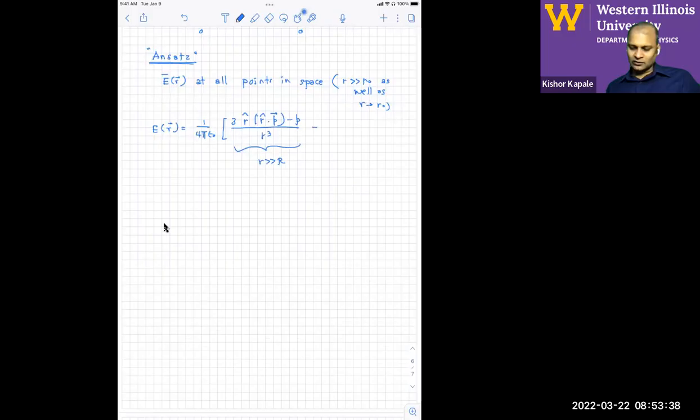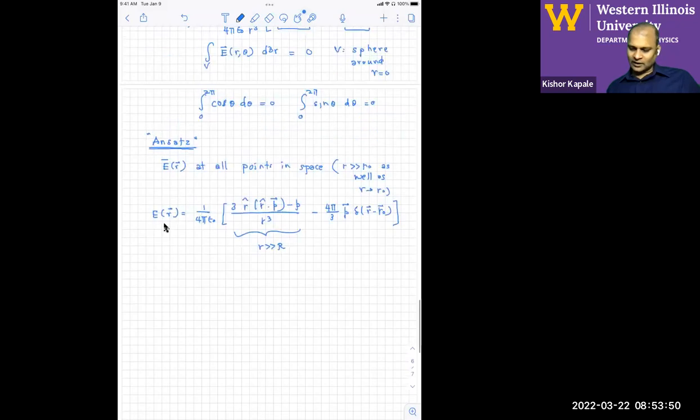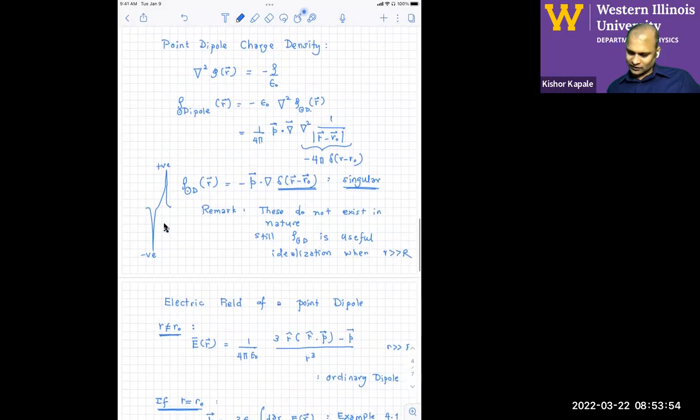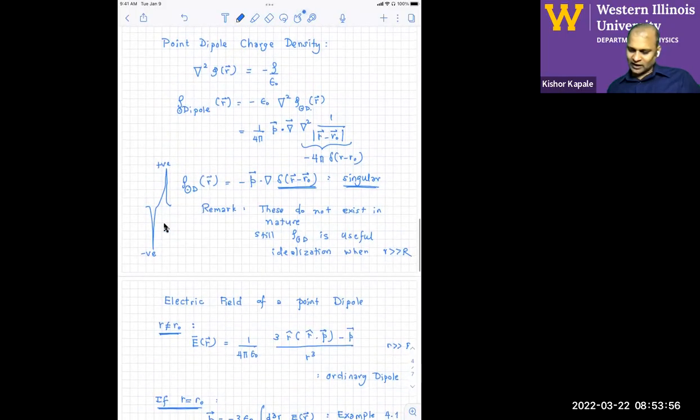And then you get 4 pi by 3 p delta of r minus r0. There, the electric field is governed by the delta function, right? Because you are very close to it. And it's similar to this point dipole charge density, right?